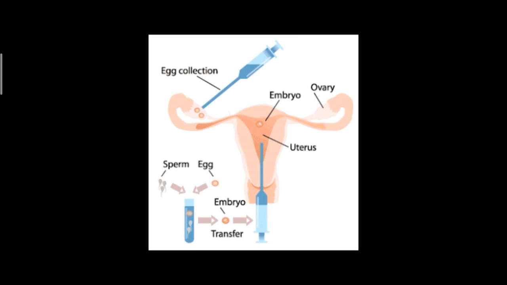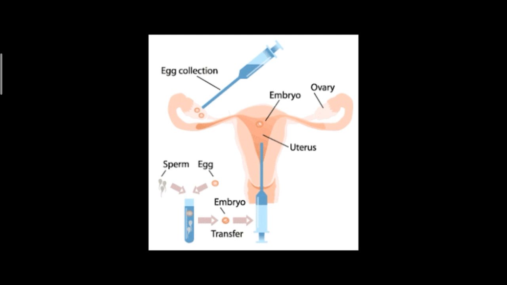Have you heard of test tube babies? Normally, fertilization takes place in the oviduct or fallopian tube of the female reproductive organ. In some women, oviducts are blocked. These women are unable to bear babies because sperms cannot reach the egg for fertilization.